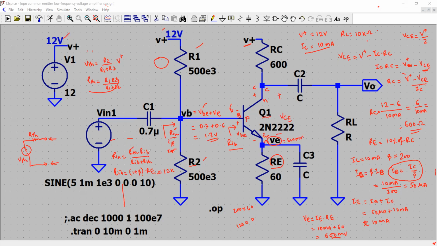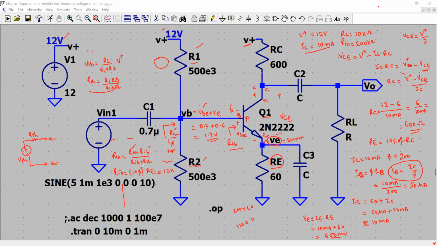Once you know the value of RIB, you can get the value of RTH. Let me check how you can do that. We forgot to add one more parameter: Rin is also given. Let's say it is 200 kilo ohm.